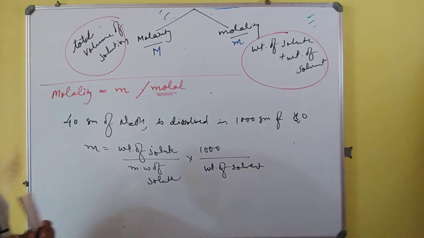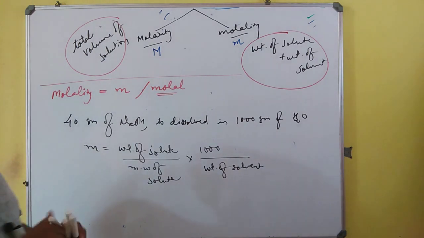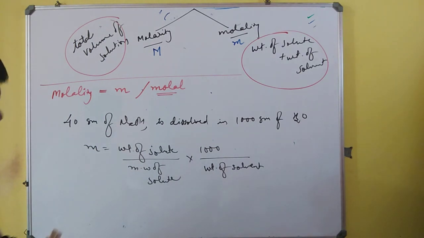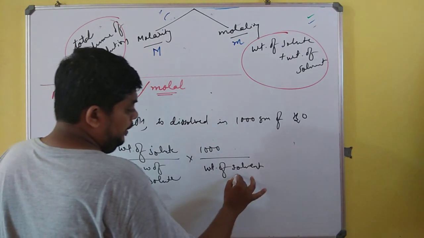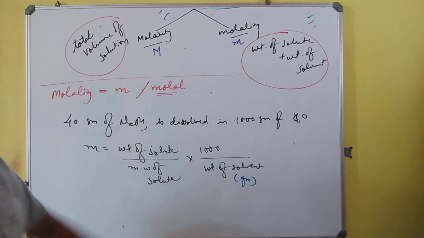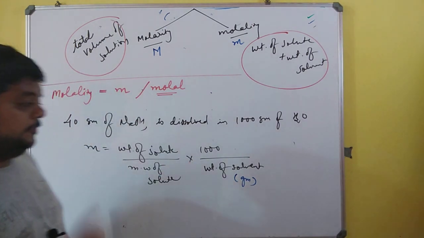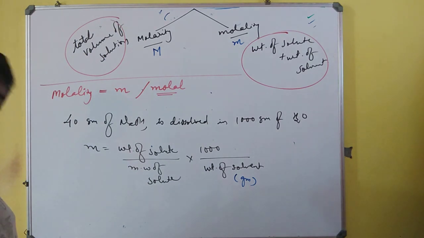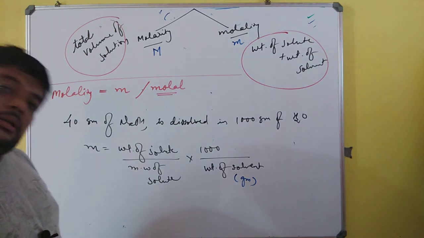Over here, make it very clear that if you are taking the weight of solvent in gram, then 1000 is essential. But if you are taking weight of solvent in kilogram, 1000 is not essential.